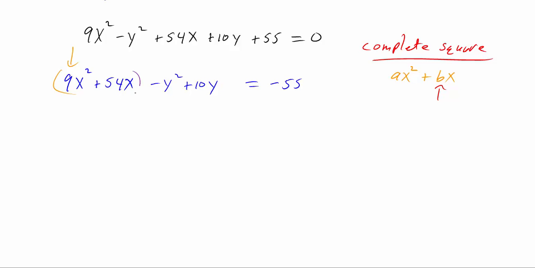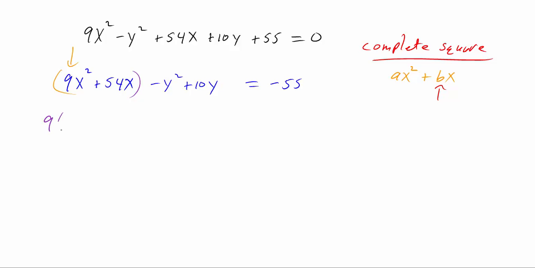So if we're going to make this a coefficient of 1 on x squared, we need to factor out the 9. So that's what I'm going to do. I'm going to factor the 9 out of the 9x squared and the 54x. Now notice I'm not going to factor out the x, even though we could do that. I just want to take out the 9 because I want this to have a coefficient of 1.